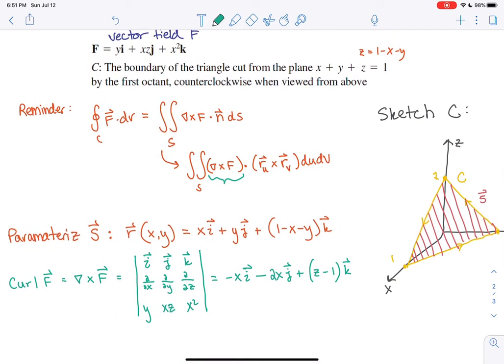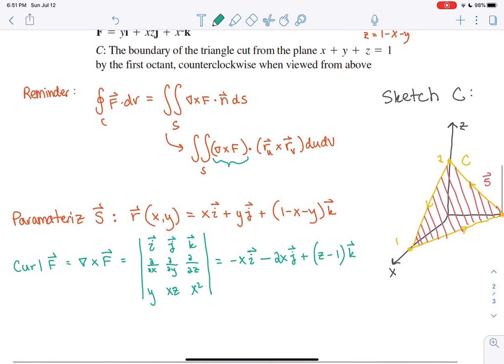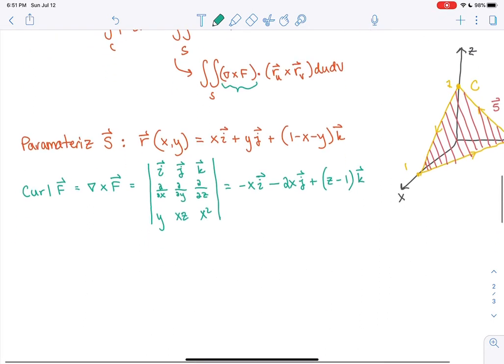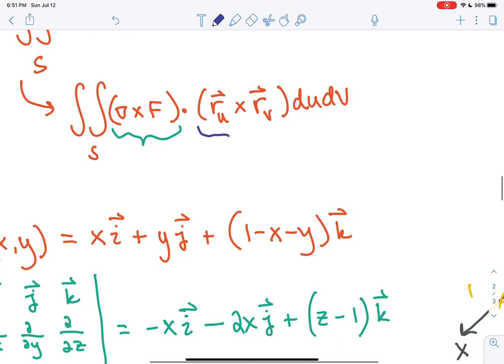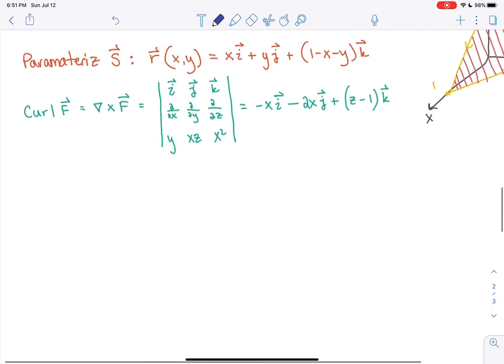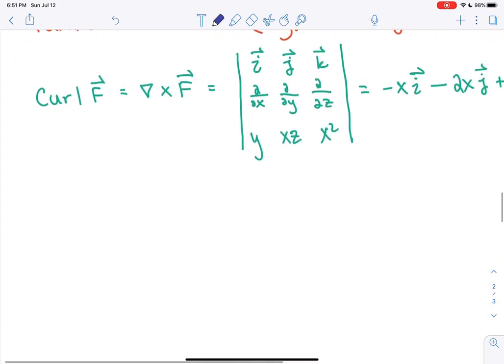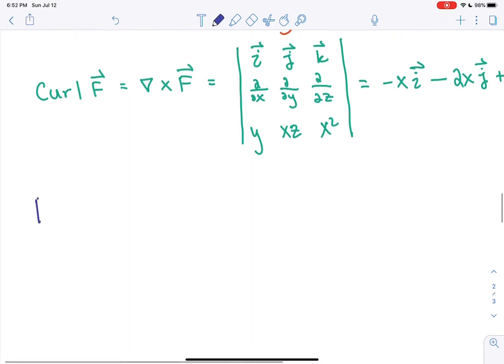Okay, so we calculated this term in the integrand. Now let's work on the second factor, which is the cross product of the two partial derivatives of our parameterized surface. Let me pick another color for this part. So now we need to find our r sub x crossed with our r sub y.